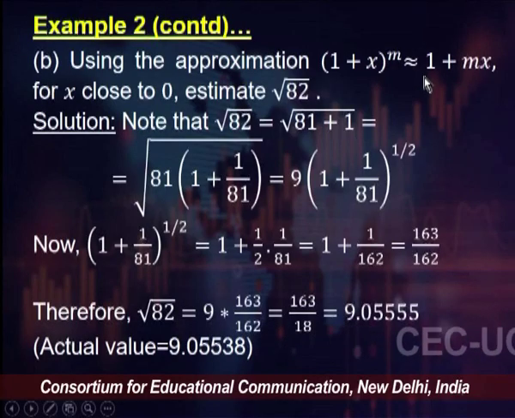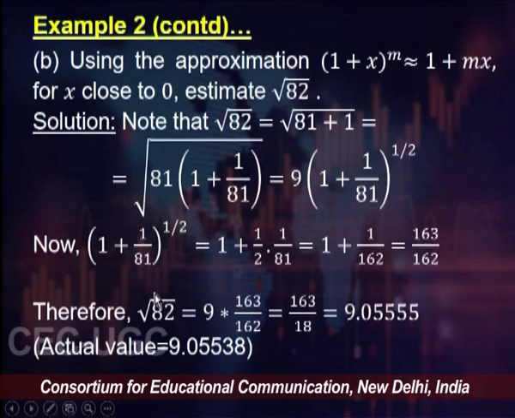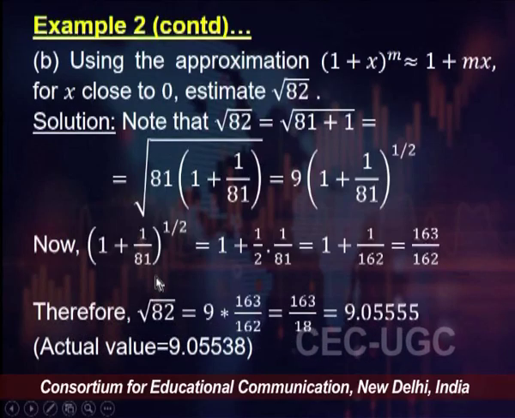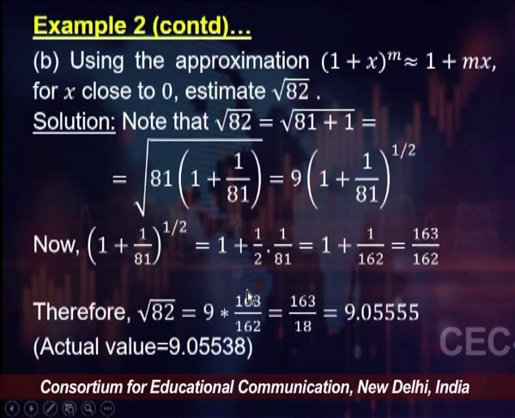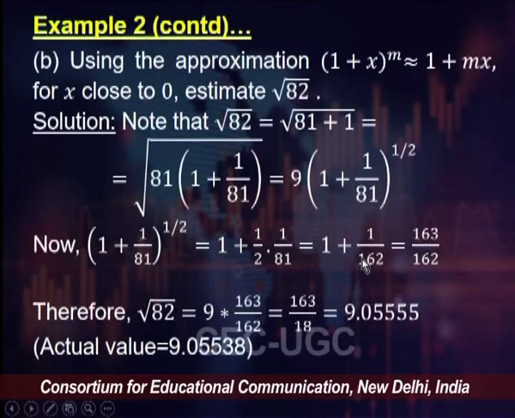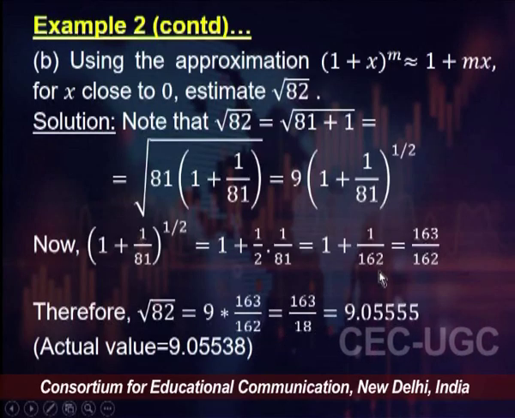We can use this linear approximation because 1 by 81 is close to 0. So, that condition is fulfilled, and therefore, 1 plus 1 by 81 to the power half can be written as 1 plus half times 1 by 81, because our m here is 1 half. And this then gives us 1 plus 1 by 162, which is 163 by 162.